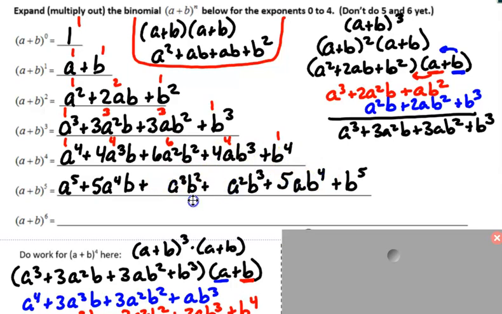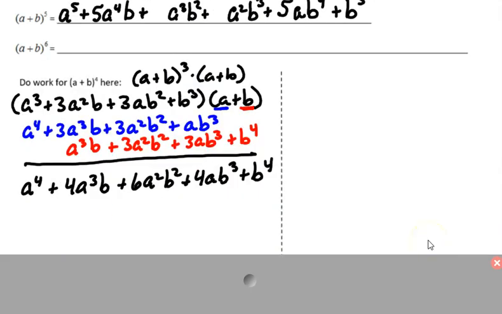So I'm going to show you a really nifty pattern now to show you how to figure this one out. The pattern is called Pascal's triangle, named after a mathematician named Blaise Pascal, who is also a philosopher. You might have heard of him in philosophy or theology as well.